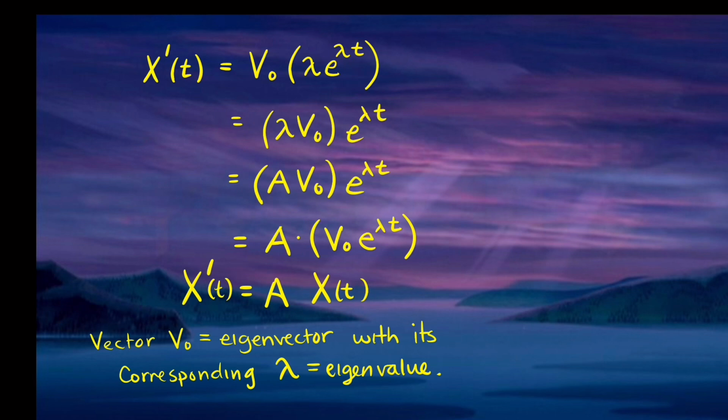Differentiating shows that x prime is equal to A times x, that is, that this is a solution to our system. The vector v naught is known as an eigenvector with its corresponding eigenvalue lambda. When a linear system has a unique solution, we can find eigenvectors and eigenvalues for its coefficient matrix.